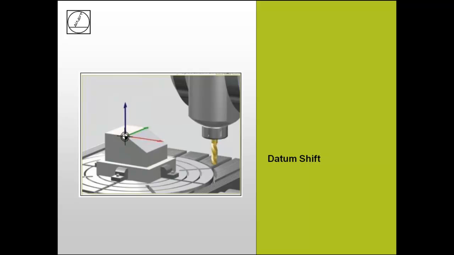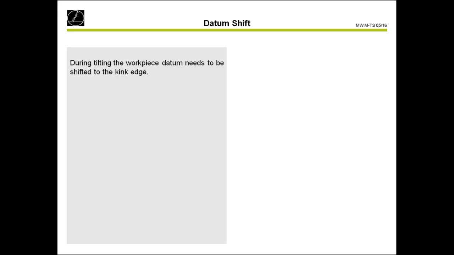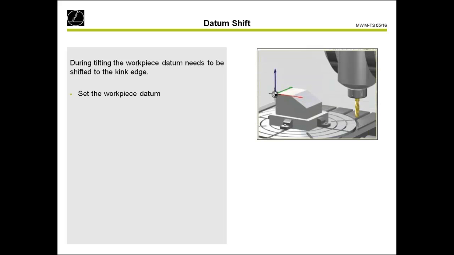The next important thing is the datum shift. We need the datum shift during tilting just to avoid calculating so much. If you see the surface here, the datum or the preset is set on this corner, as you see in the picture.